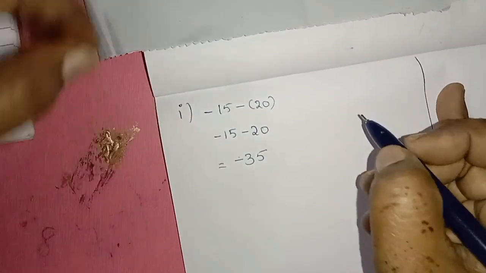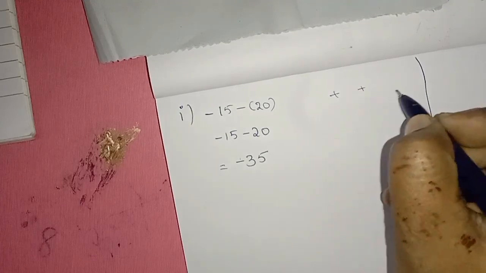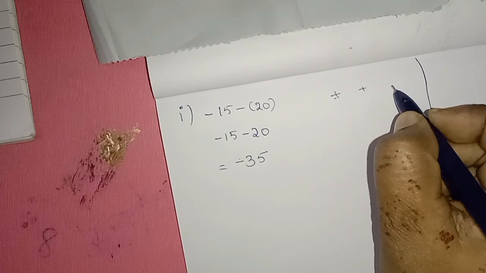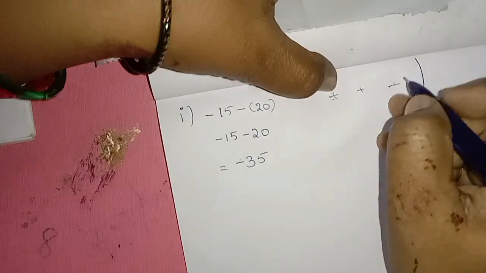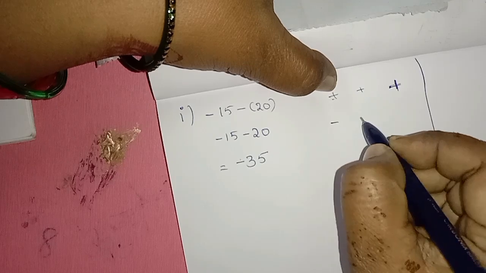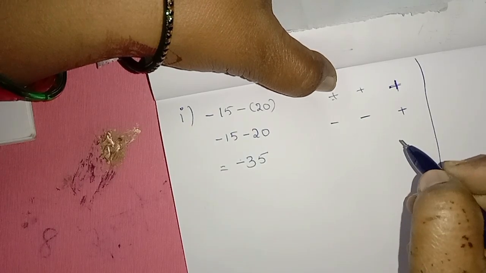For this you have to remember: if you are adding two positive numbers, both having plus signs, then you add them. Any two negative numbers, add them and keep the negative sign on the number.